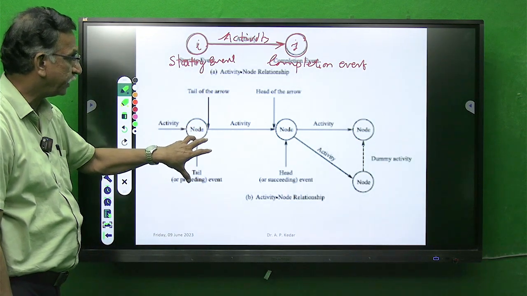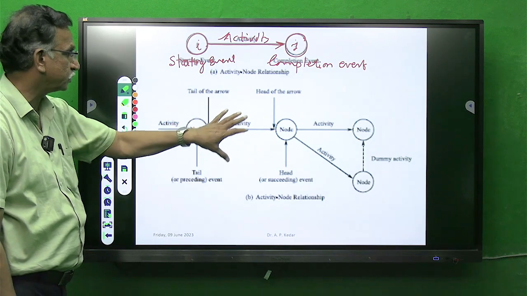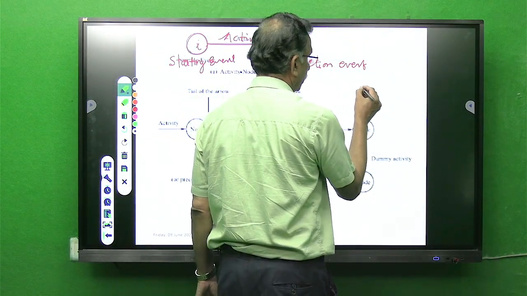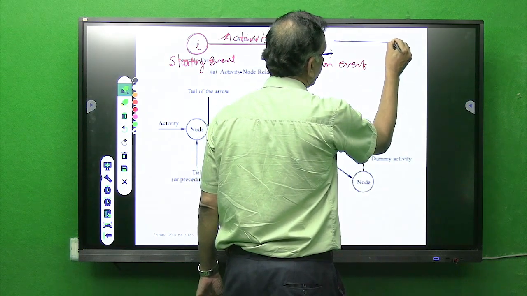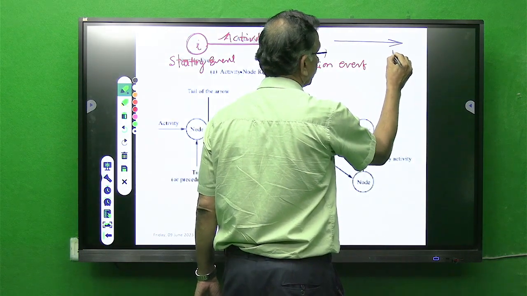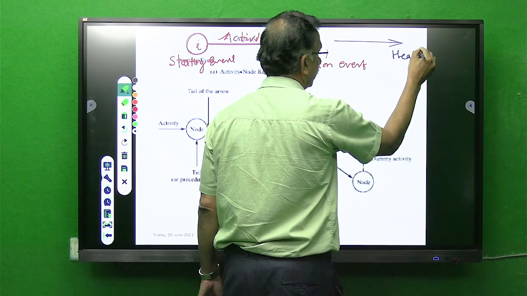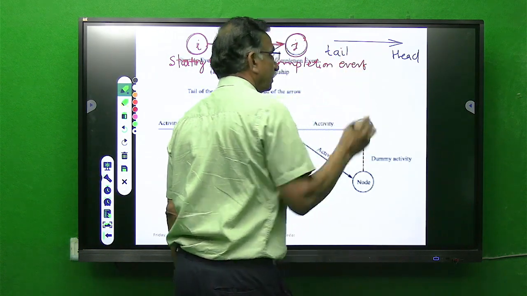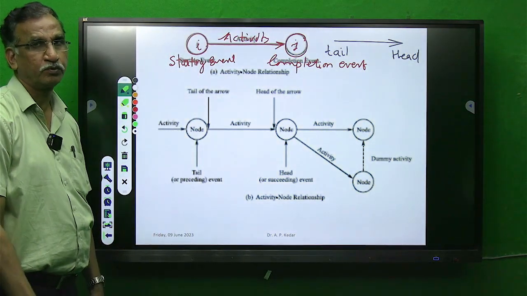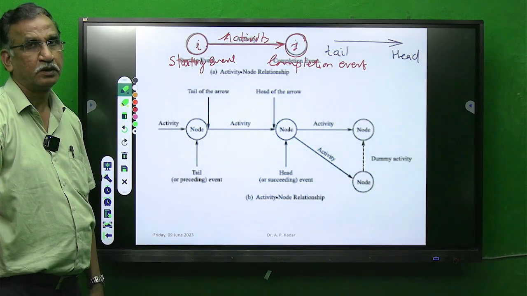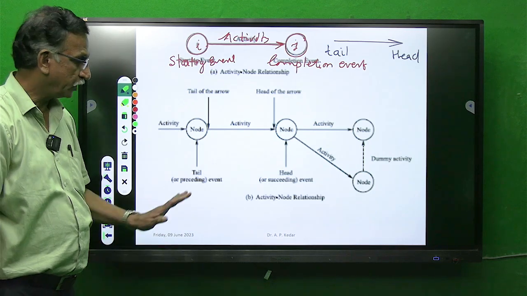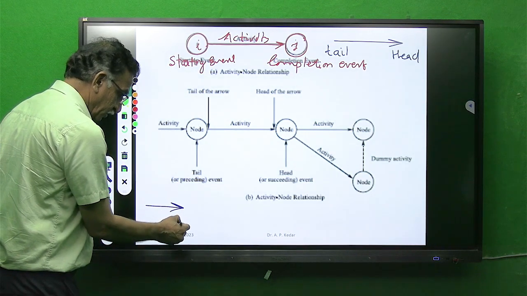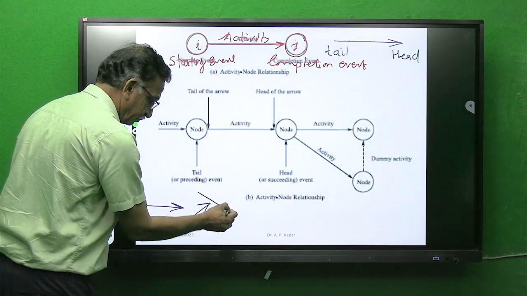Try to understand the same concept through this. In my last lecture, if you recall, I have explained this as head of activity and this is tail of activity. See, activities are to be represented by straight line arrow. These are straight line arrow.